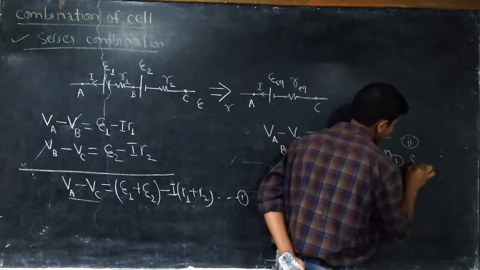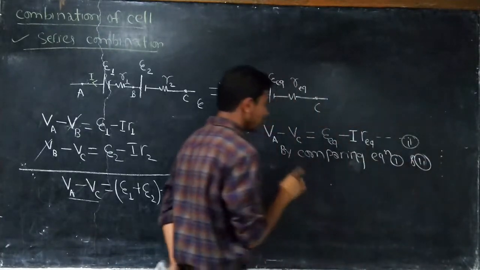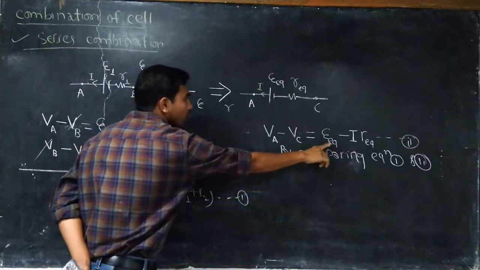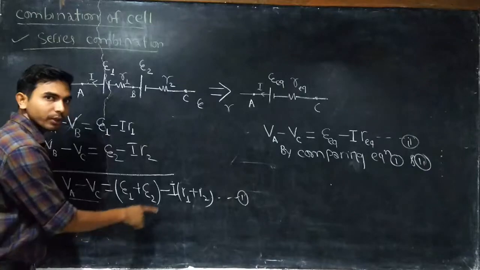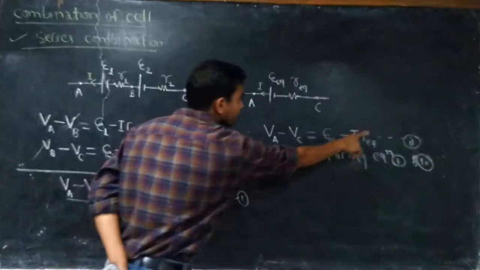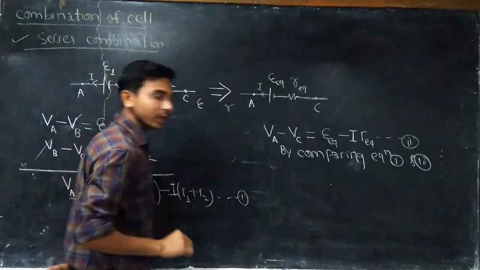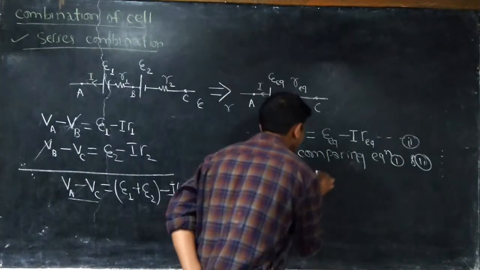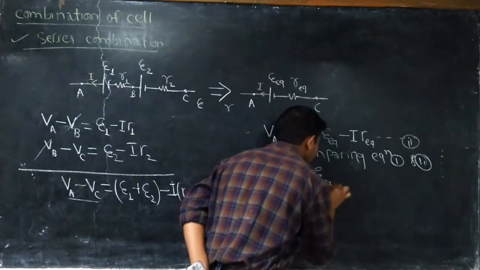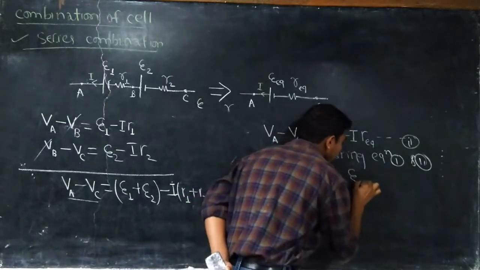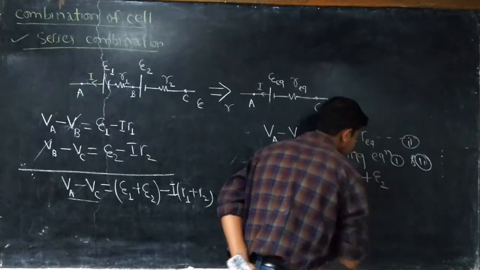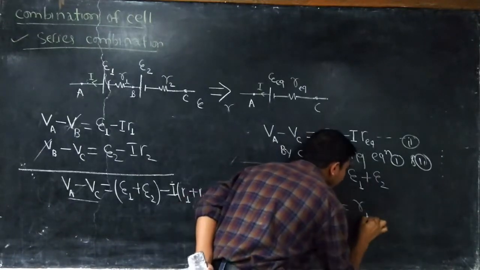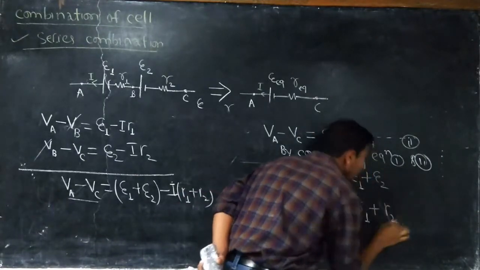So by comparing equation 1 and 2, we are able to write E equivalent is equal to E1 plus E2, and R equivalent is equal to R1 plus R2, right?